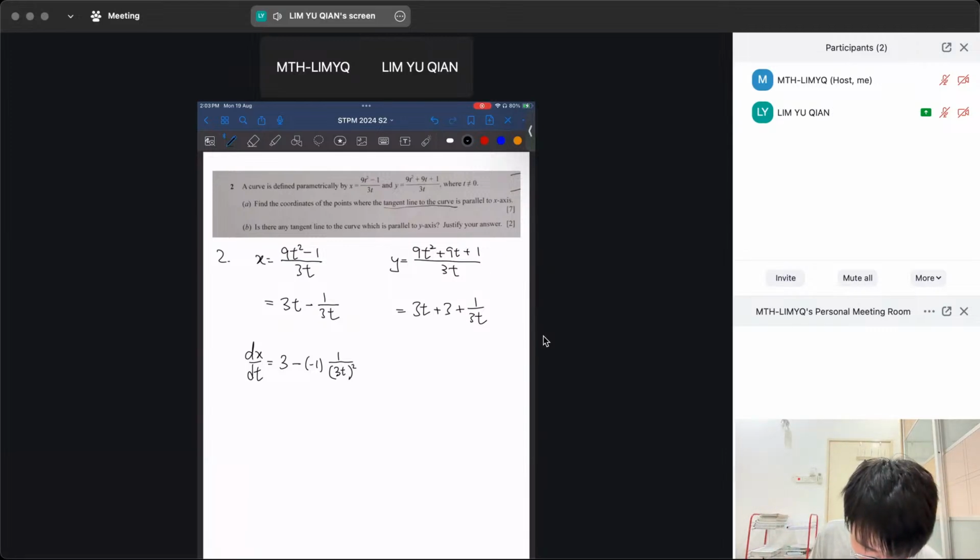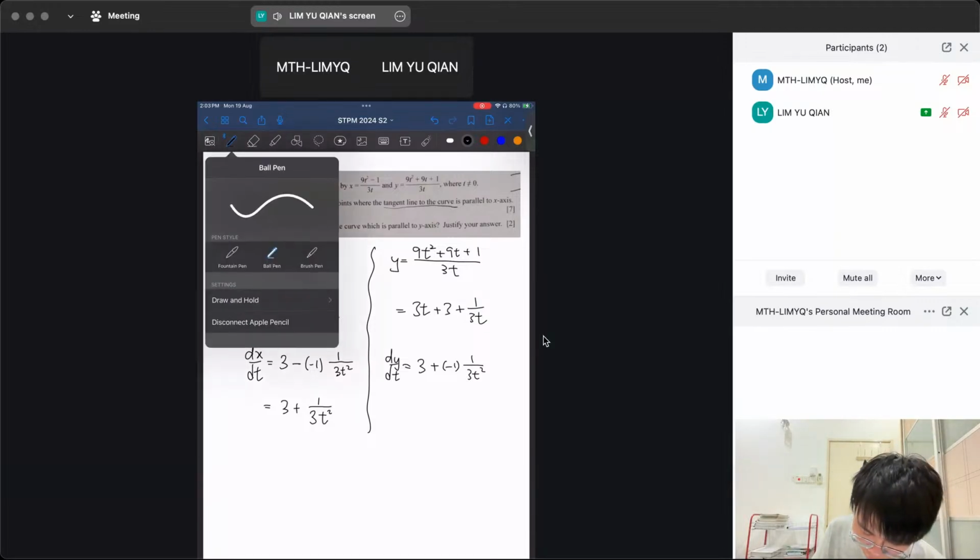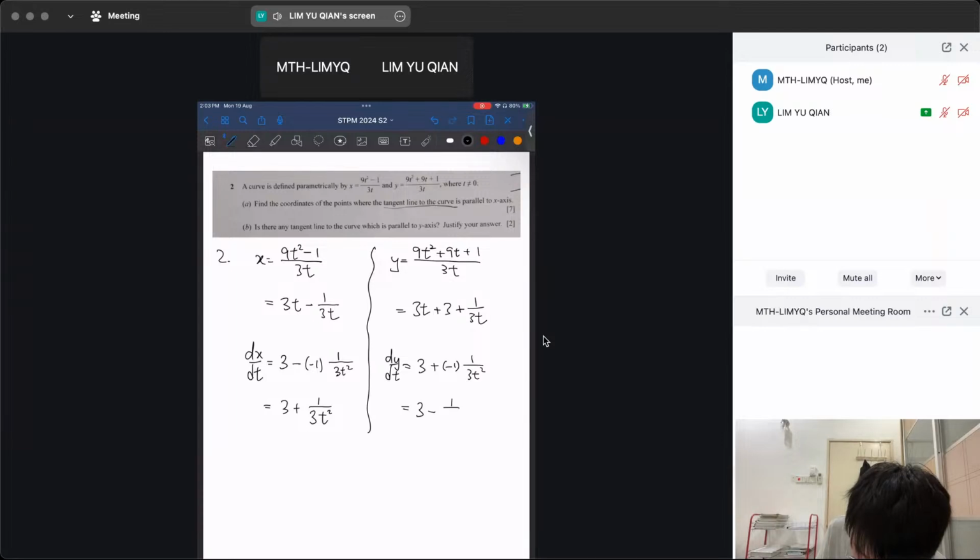So 3 plus 1 over 9t square. dy dt is also the same, just plus on it, this one. So minus 1 over 3t square. 3t square 没有了，3t 没有 square, t square 罢了，sorry 这是3罢了，这个也是没有 square. So I think quotient rule 也是 OK 了, 3 minus 1 over 3t square.